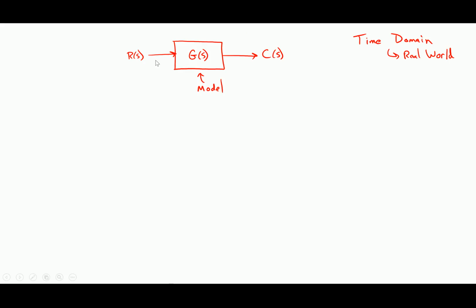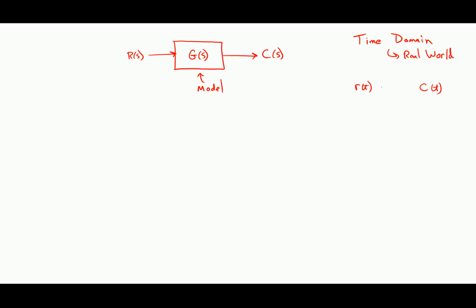All right, so in general, when I'm looking at any system, what I'm looking for is some way to get from R of t to C of t. In other words, I want to see what happens in the real world.